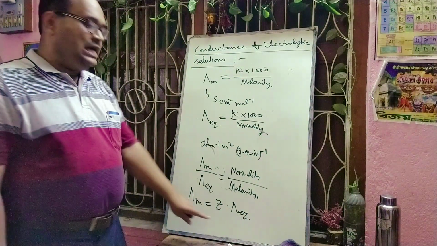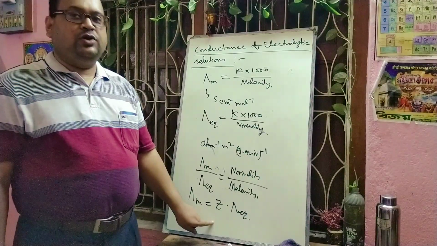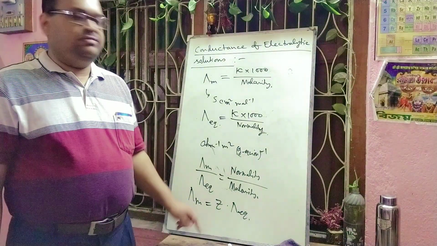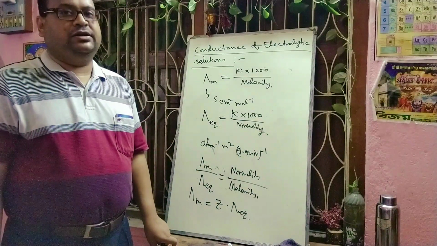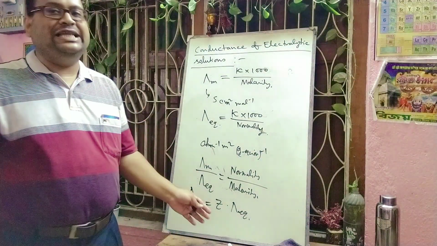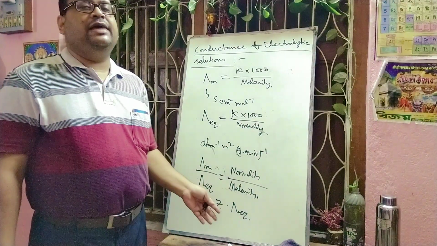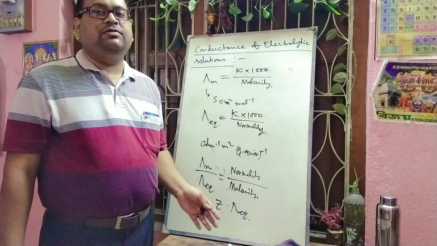So what is z here? Z is the total positive or negative charge per formula unit of the electrolyte. Suppose if we consider NaCl, Z will be 1, and in case of barium chloride or magnesium chloride, it will be 2.